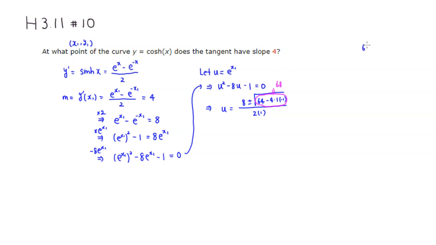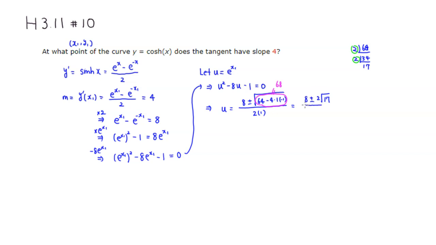So what's the square root of 68? You have 68, divided by 2 is 34, divided by 2 is 17. So this is going to be 8 plus or minus 2 square root of 17, because we have a pair of 2, so we can bring it outside the square root.